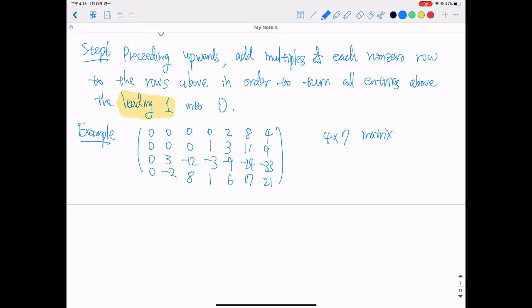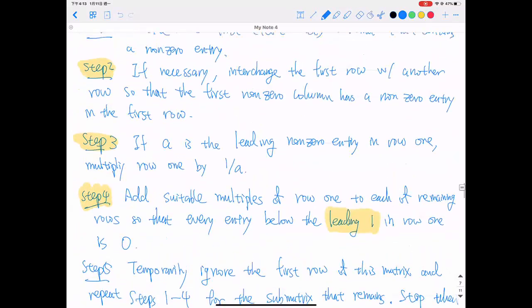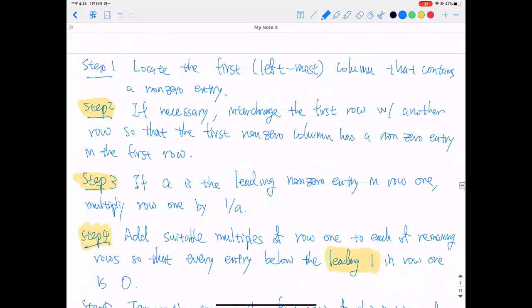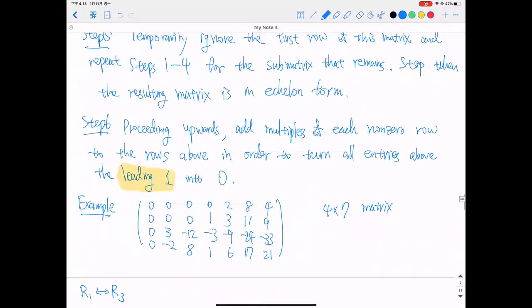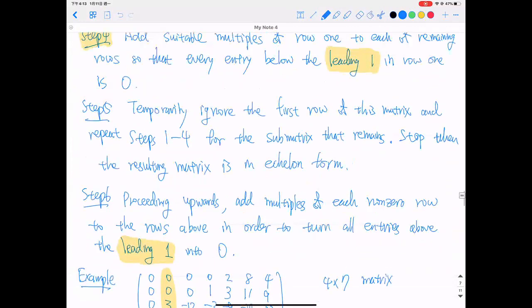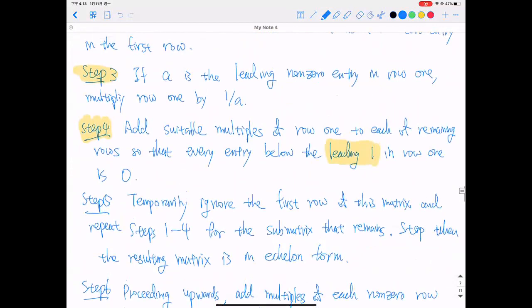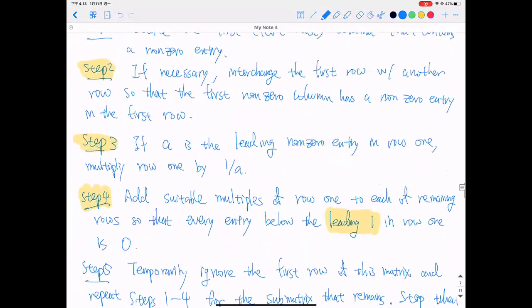Now, first of all, what is the first step? The first step wants us to find the leftmost column that contains a non-zero entry, and that would be this column. And then you want to move one of the rows containing that first non-zero entry to the top.